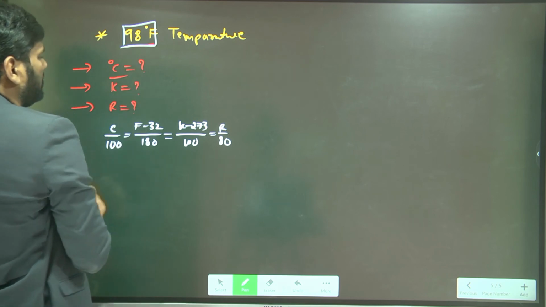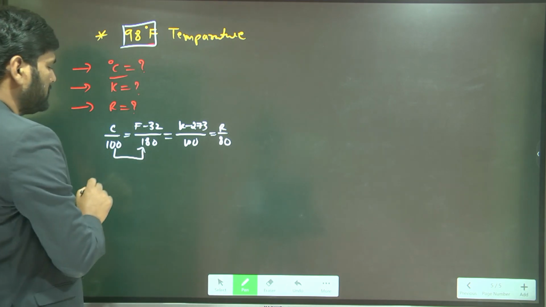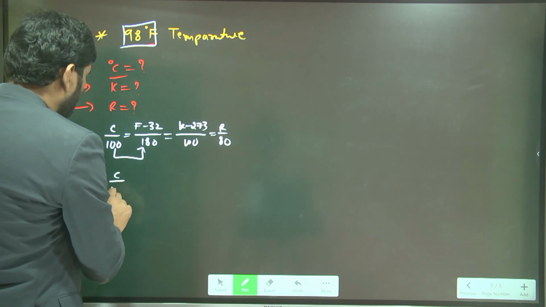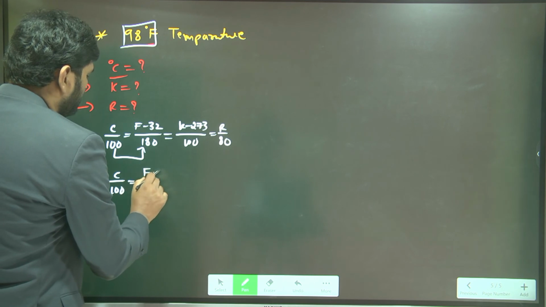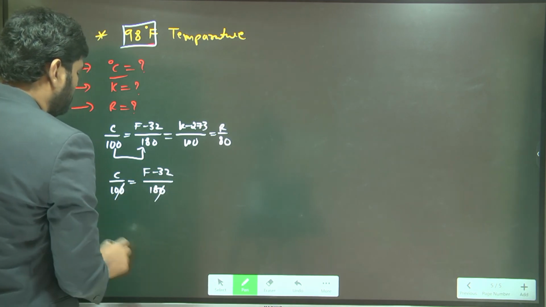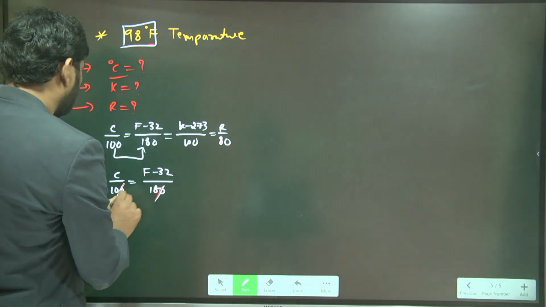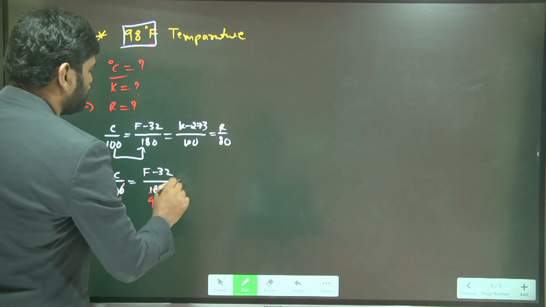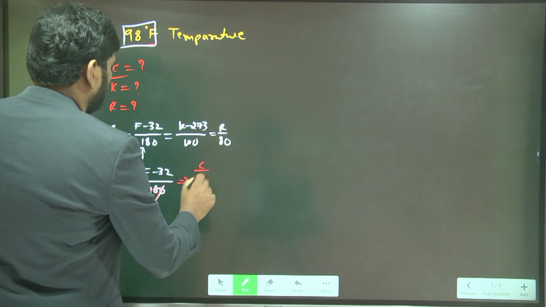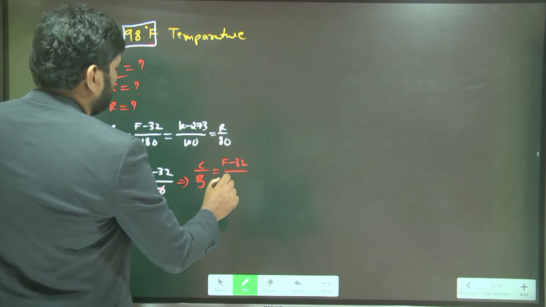When it is Fahrenheit, which relation will you use? These two relations you can use. C by 100 is equal to F minus 32 by 180. So from here, C by 5 is equal to F minus 32 by 9.